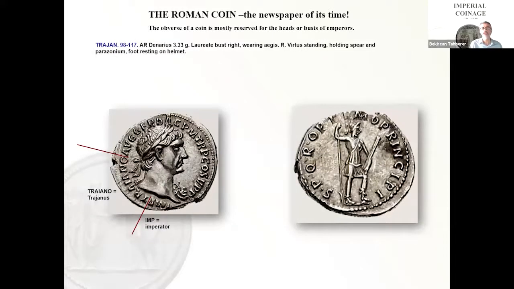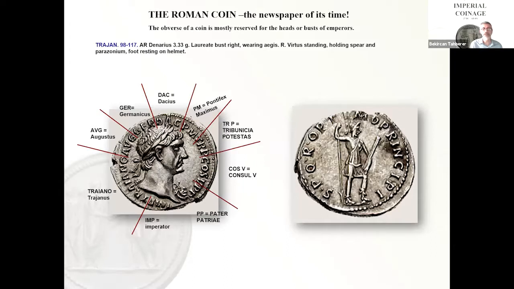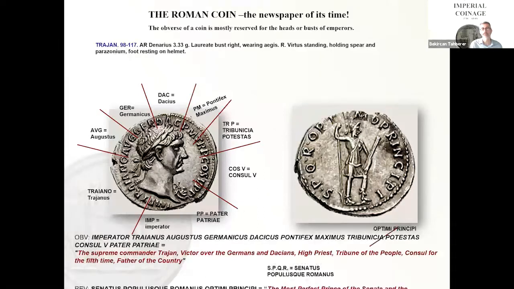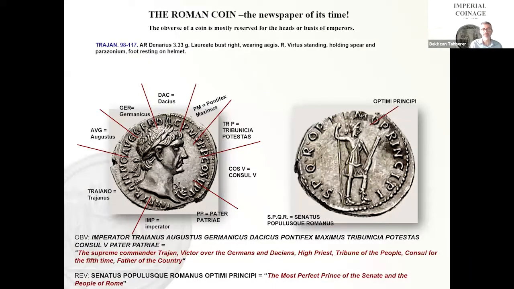Roman coins were the newspaper of their time. The obverse is mostly reserved for the emperor with all his titles. Here I give you the anatomy of a Roman obverse, and here is the reverse. Trajan is the emperor that had the most titles.